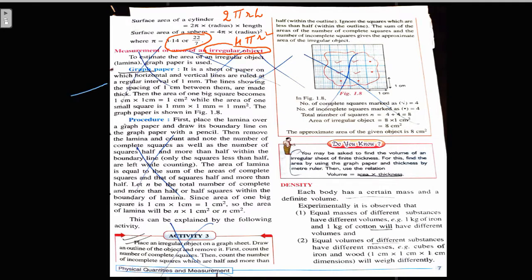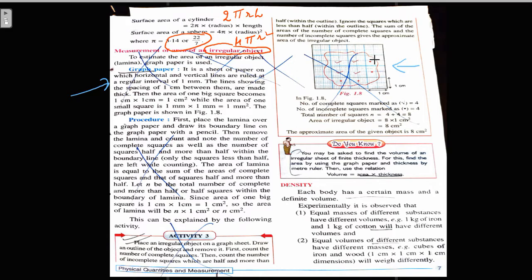So we can measure them with the help of a graph paper. Graph paper is like this. Here the process of measuring the area of an irregular object is given. So what we do here is we take the irregular object and place it on the graph paper, if the object is small, right?